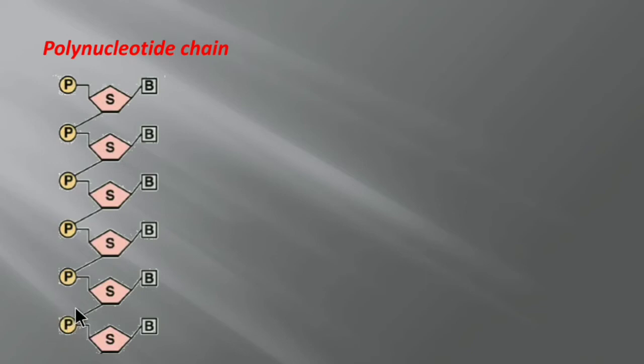And look at the polynucleotide chain. The backbone of polynucleotide chain is formed by repeated sugar and phosphate, while the nitrogen bases project from the backbone.